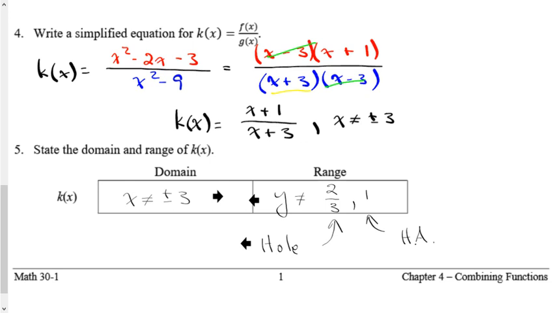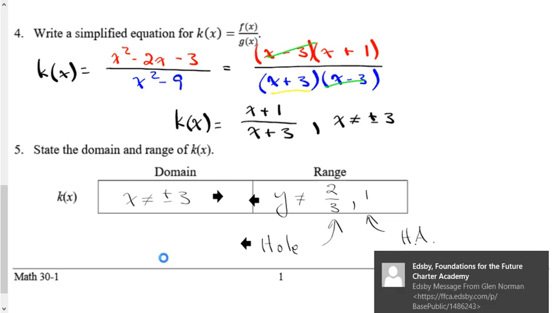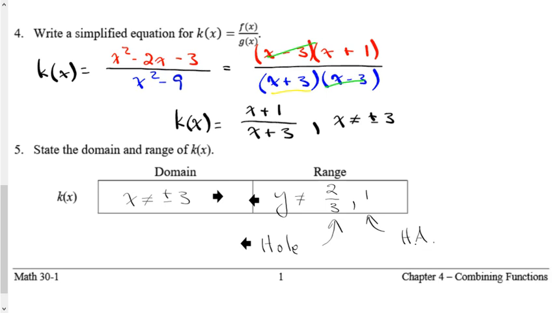So let's talk about the hole first of all. So just to review those ideas that we learned in the previous chapter, chapter 2, here my x value can't equal a +3. That's where the hole came from. So if I plugged that +3 into here and said, well, what's k of 3, ignoring these restrictions, I'd get 3 plus 1 over 3 plus 3, which gives me 4 over 6, and that reduces to this 2/3.